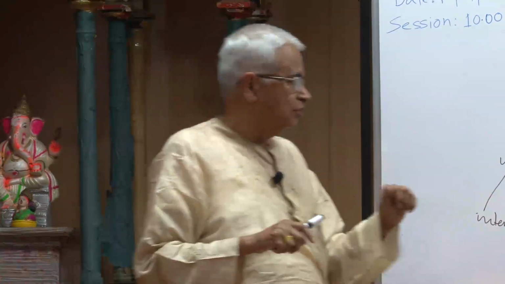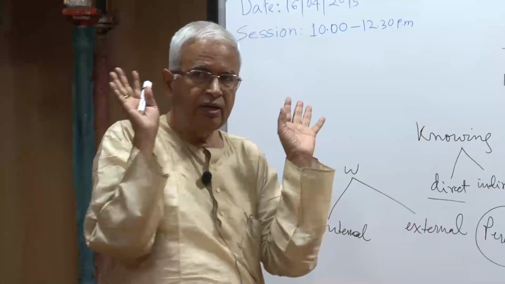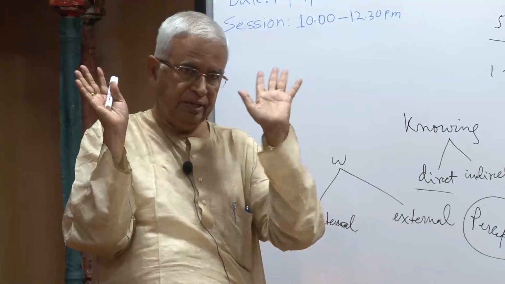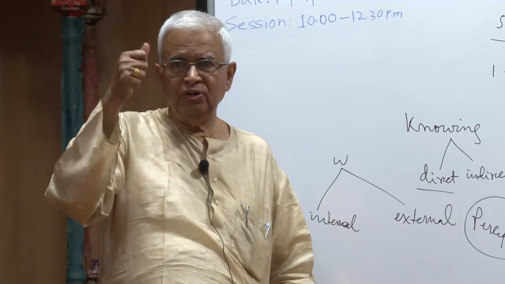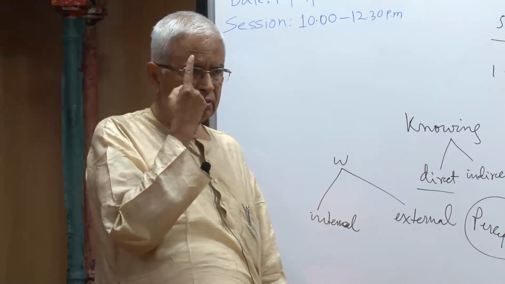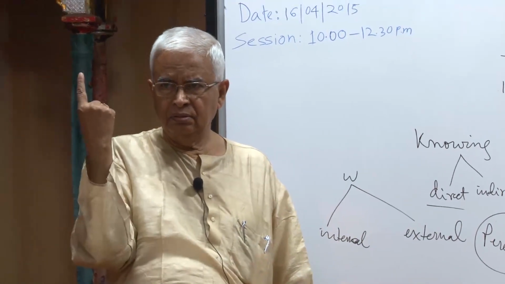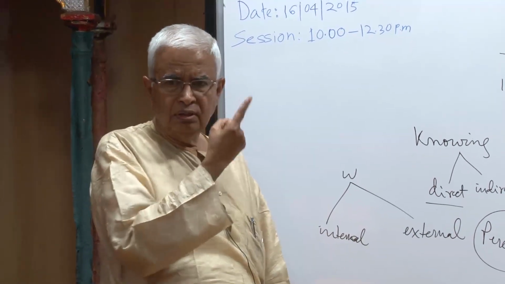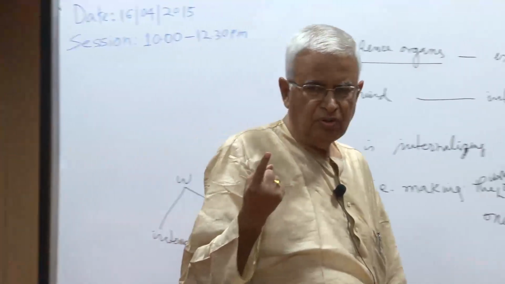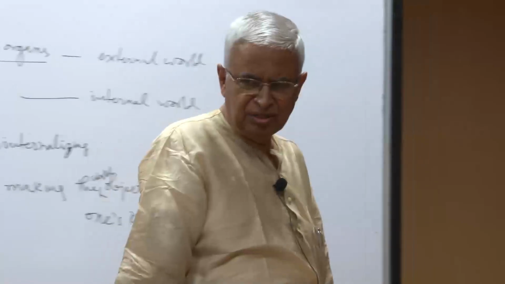So, we are clear about external world, internal world. Clear? Okay. For example, give me one example of internal world. Why are you not using the terms that we are using here?